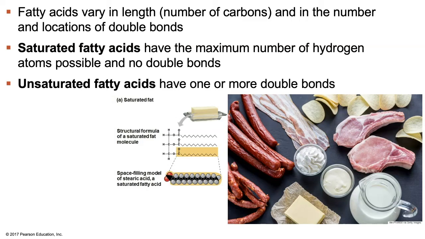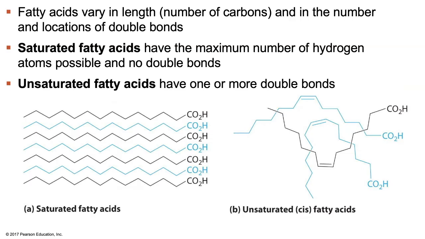And they tend to be solid at room temperature, and this is due to that linear structure that those saturated fatty acids have. You can see the difference between the saturated and unsaturated. The saturated fats are linear, which allows them to pack in tightly together, making them less fluid.